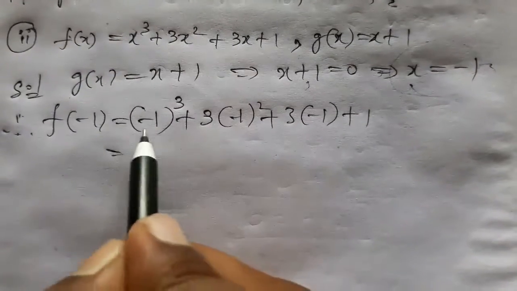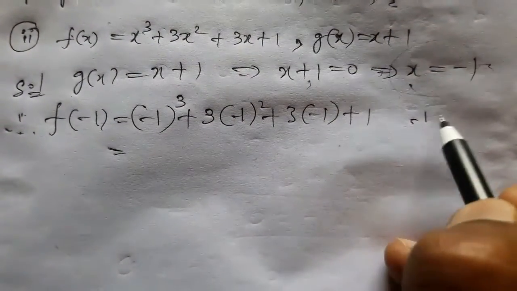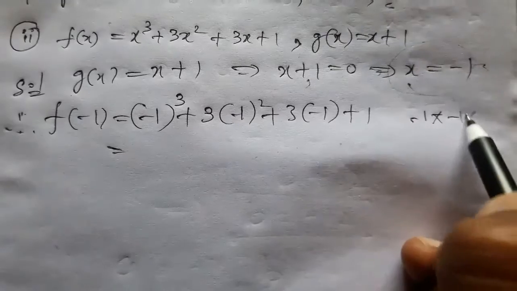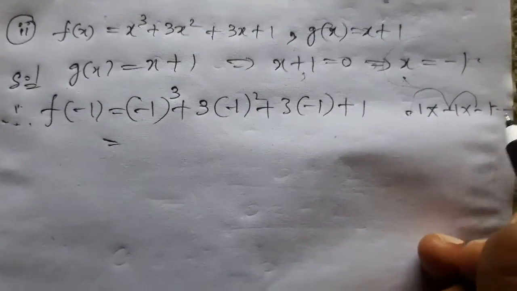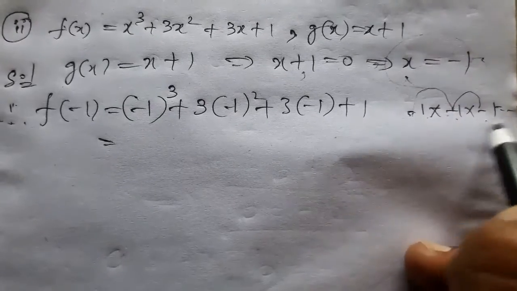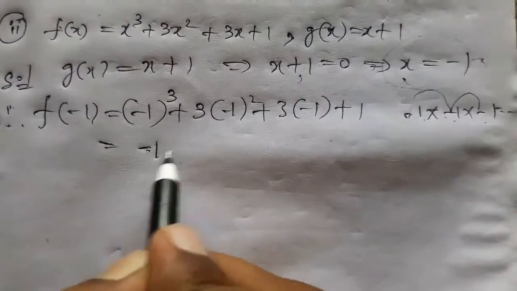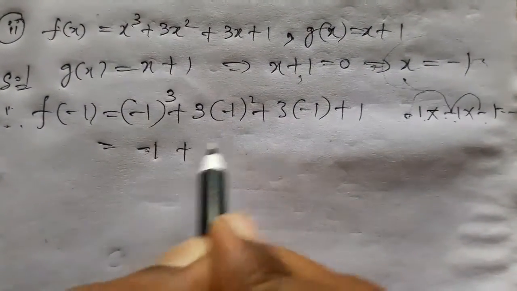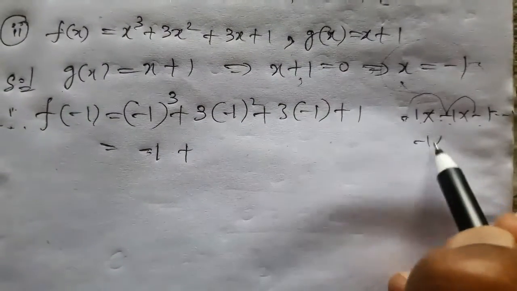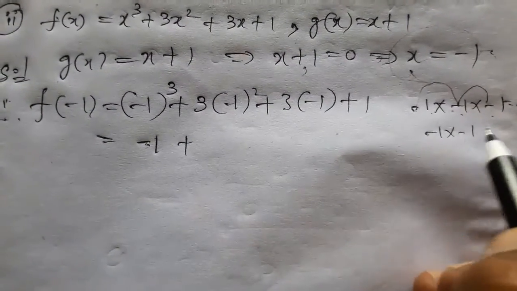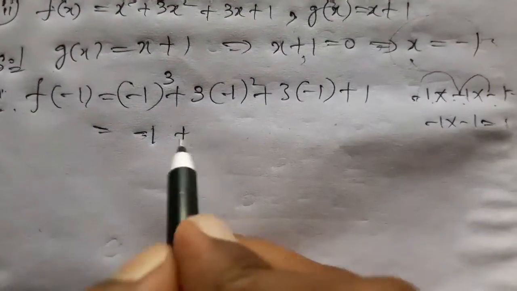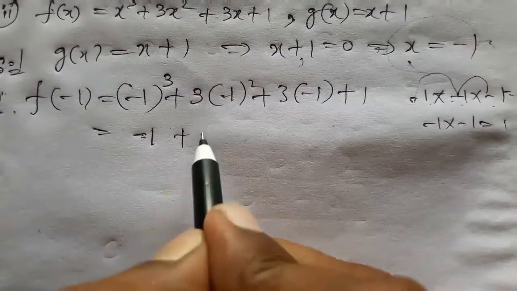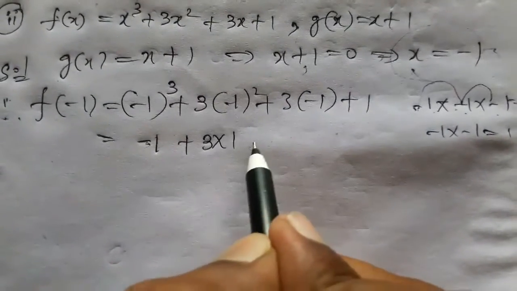Now see, minus 1 cube means minus 1 multiplied how many times? 3 times. Minus into minus plus, plus into minus becomes minus, so that becomes here minus 1. Next plus, minus 1 multiplied how many times? 2 times. So minus into minus became plus, so plus 1 here, that means plus 3 into 1.